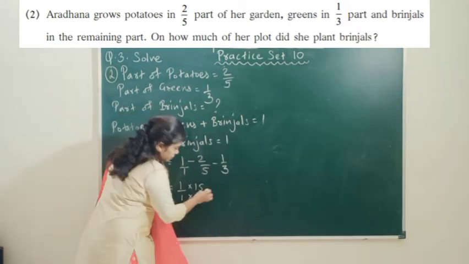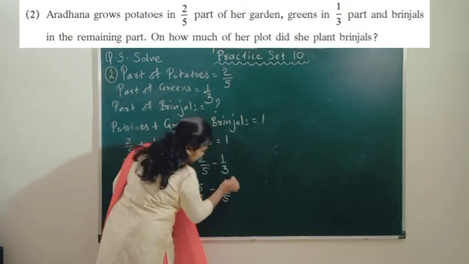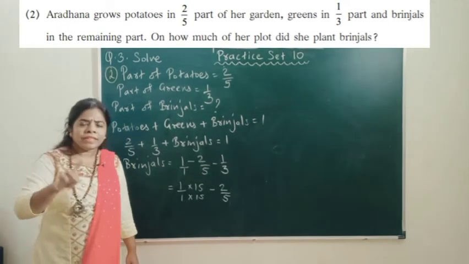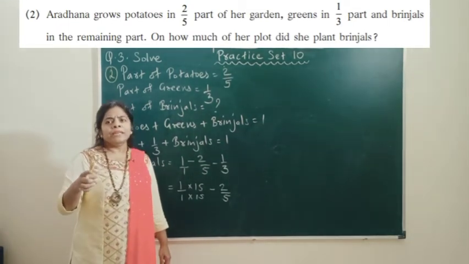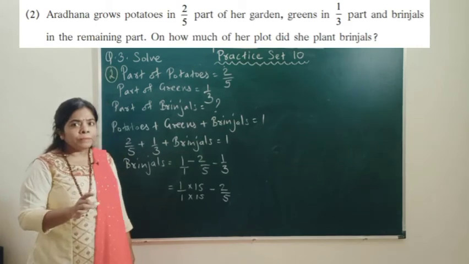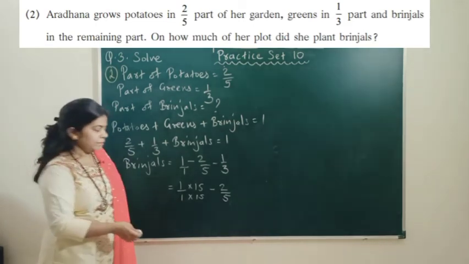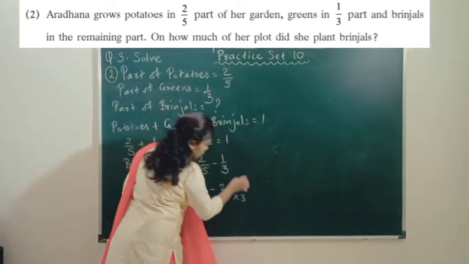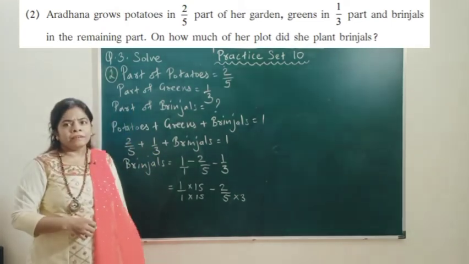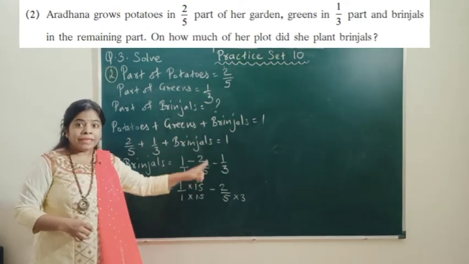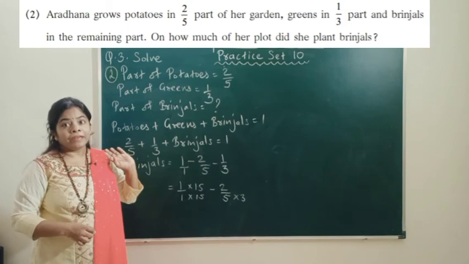Second one, if I multiply 5 with 3, my denominator will become 15. So I am going to multiply with 3. When I am multiplying by 3 here, I am going to multiply by 3 up also in the numerator.